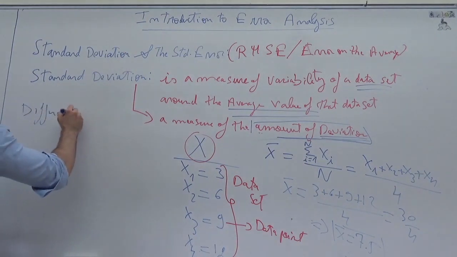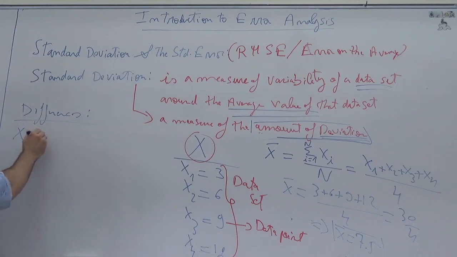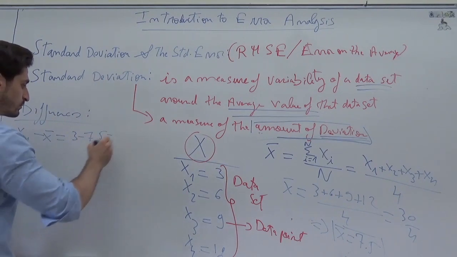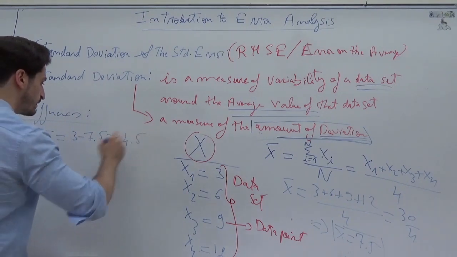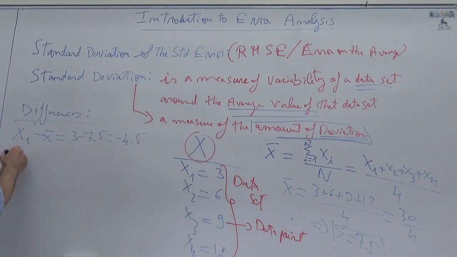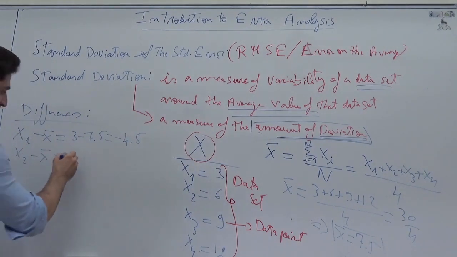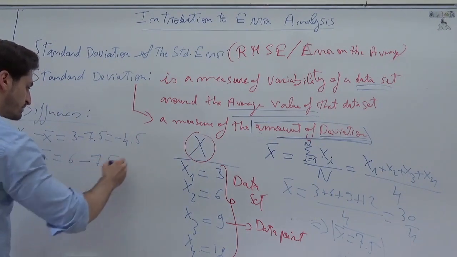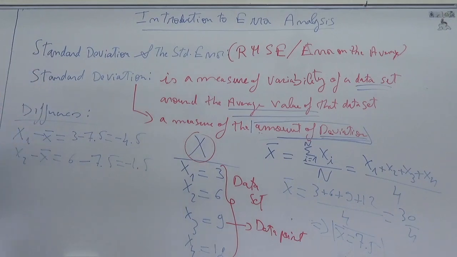Over here, we are going to be writing down the differences. We start with x1 minus x bar, which is equal to 3 minus 7.5, which is equal to minus 4.5. Then we have x2 minus x bar, which is equal to 6 minus 7.5, which is equal to minus 1.5.